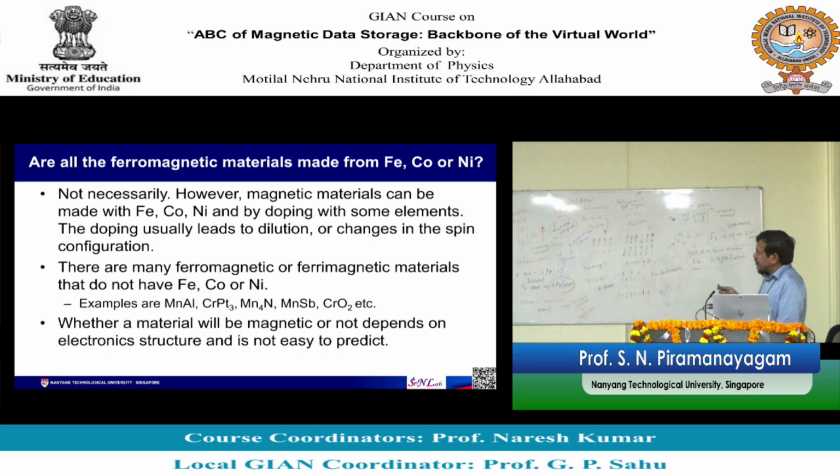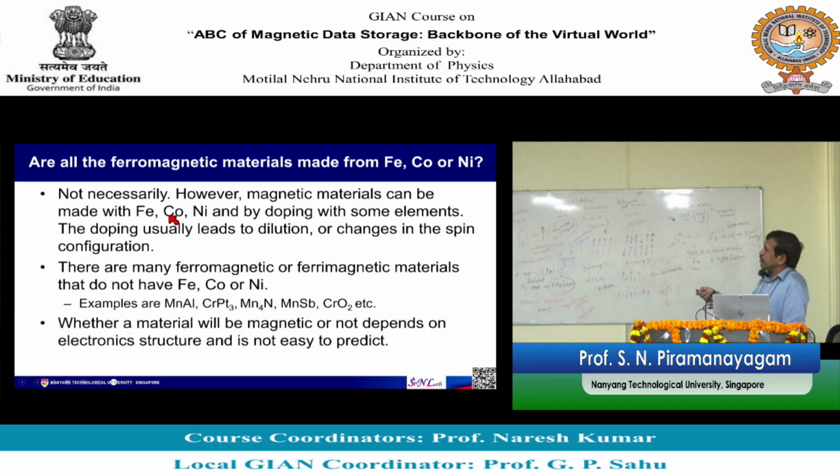So, yesterday someone asked me whether you can make magnetic material without any of the elements, like we know that iron, cobalt, nickel are ferromagnetic materials. Most of the magnetic materials that you see will be made using any of these. Okay.